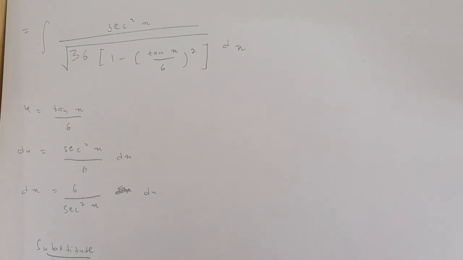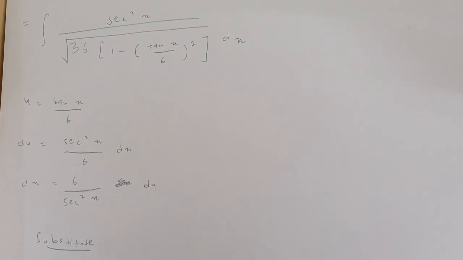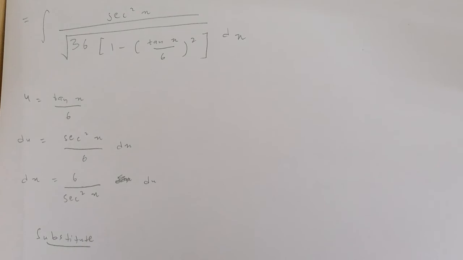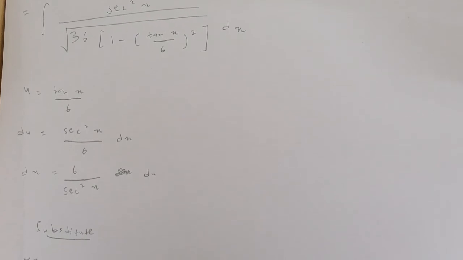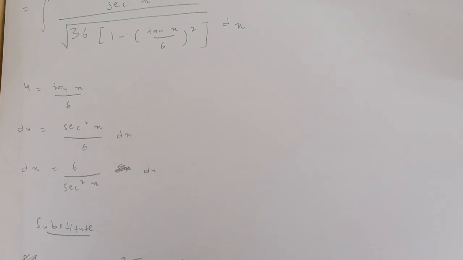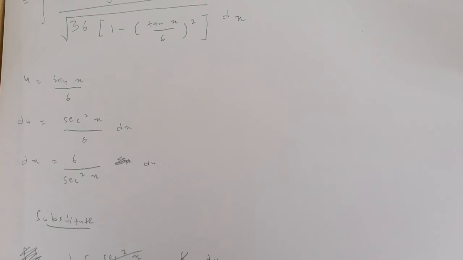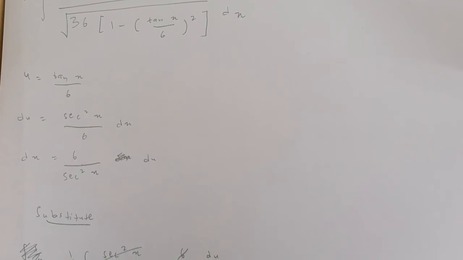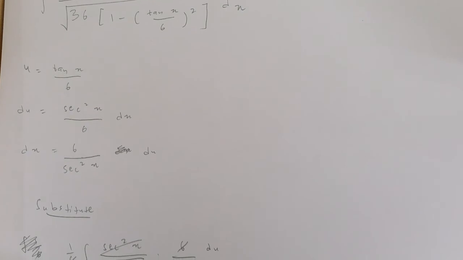36 minus tangent squared x equals, if we look at the table, 36 times 1 minus tan x over 6, then squared. Simplify it, we get this. And then we use the u substitution.